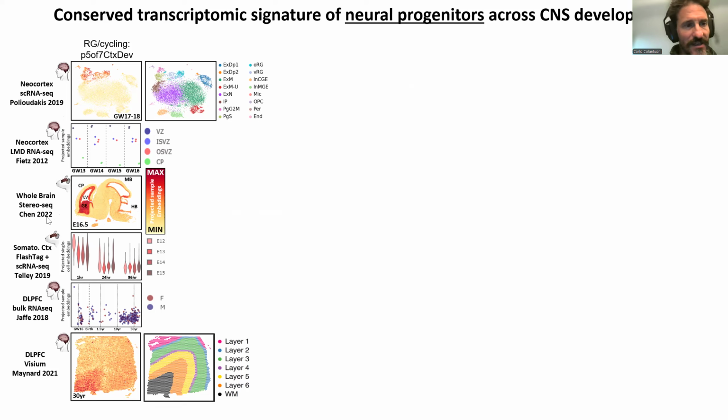The next study here sort of takes that spatial notion and really explodes it. This is much newer data from Chen et al. That has 30,000 gene expression values for every pixel in this image here, where we can see very clearly lining the ventricle both in the dorsal pallium and in the ventral ganglionic eminence, where the GABAergic cells are made.